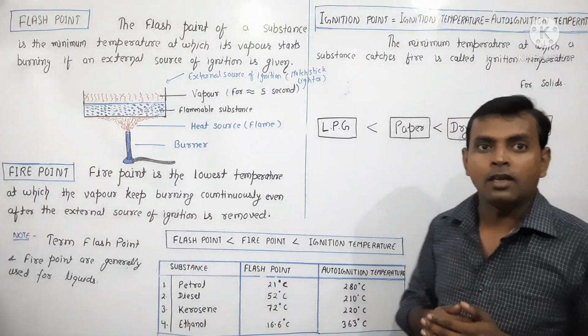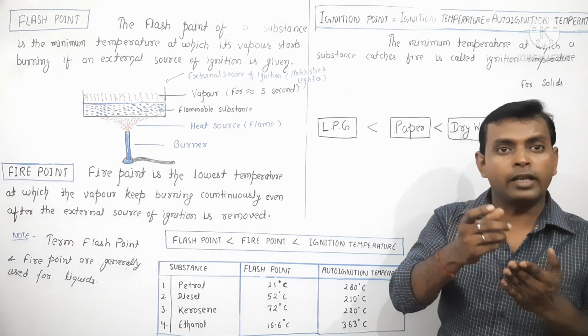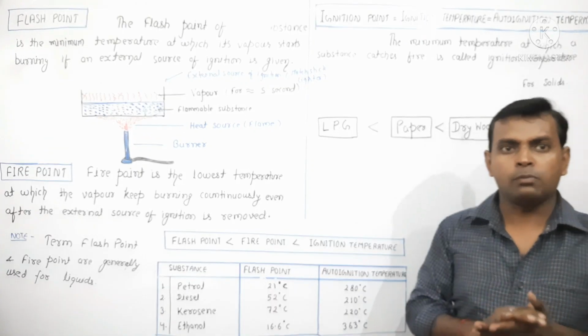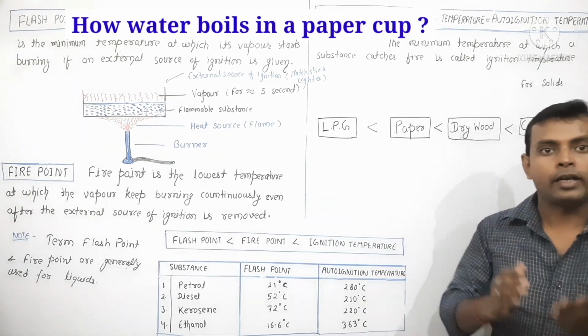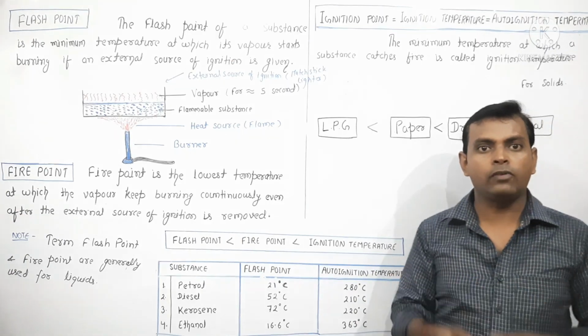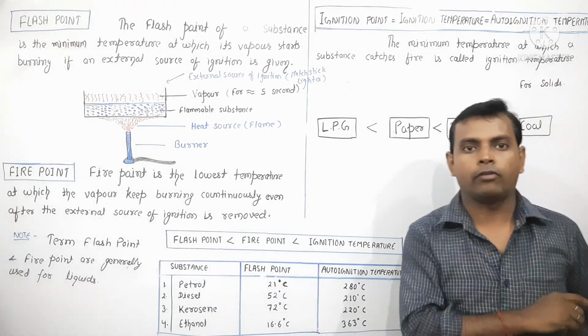Next question is, how does water boil in a paper cup without burning it? When we heat water in a paper cup on a burner, heat energy supplied to the paper cup rapidly passes to the water. Hence the paper does not reach ignition temperature and it does not catch fire.